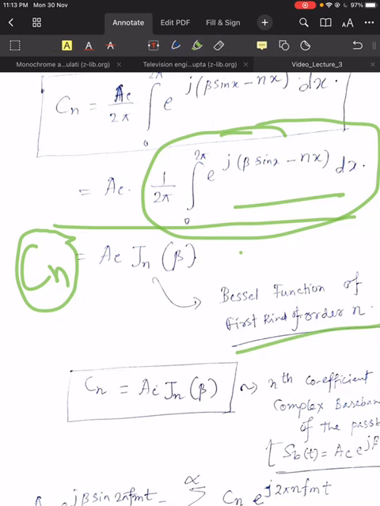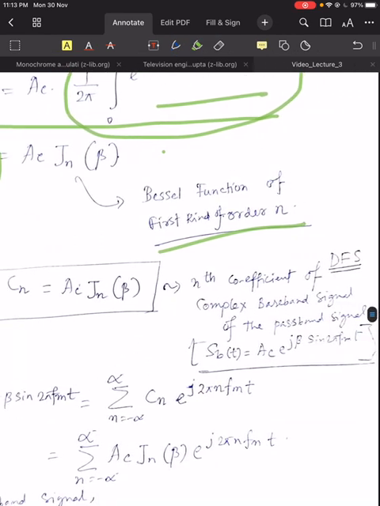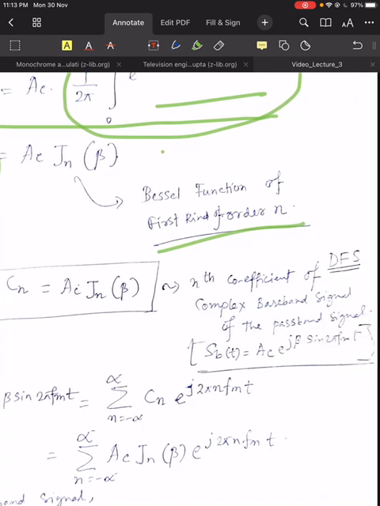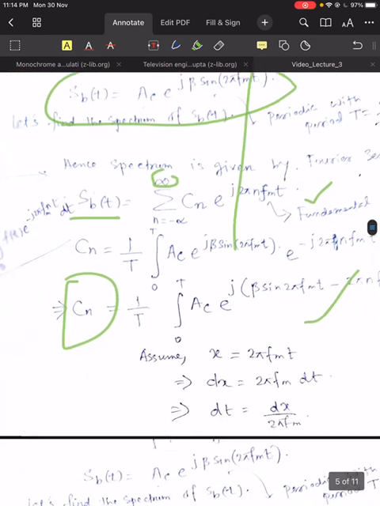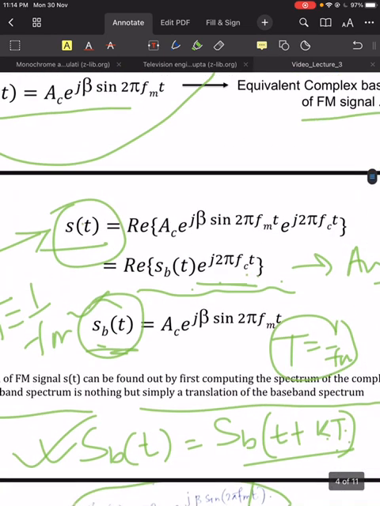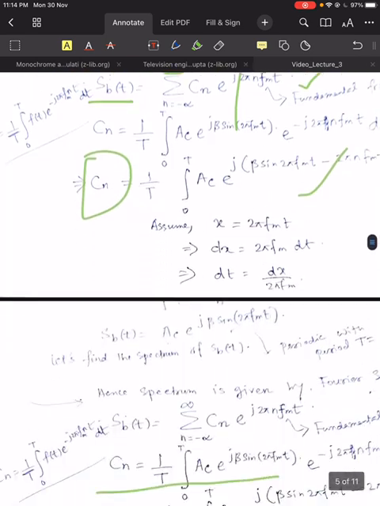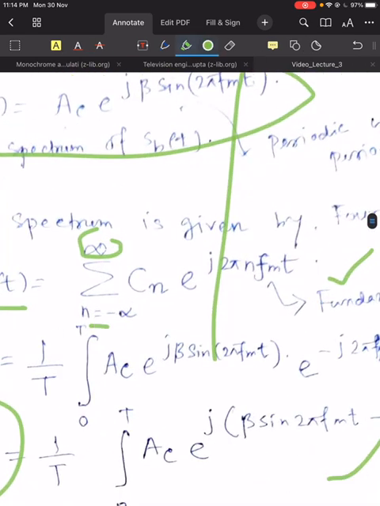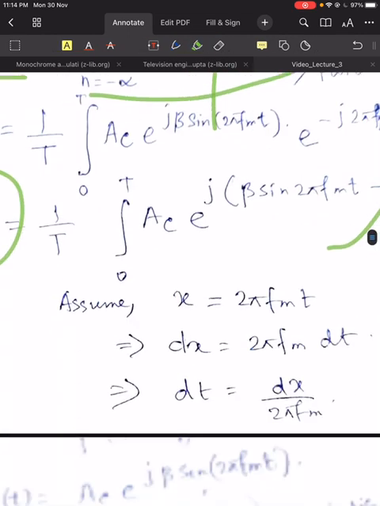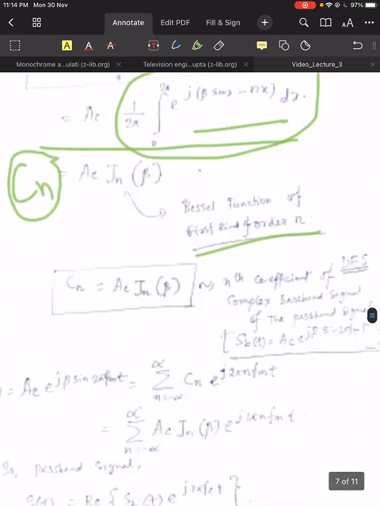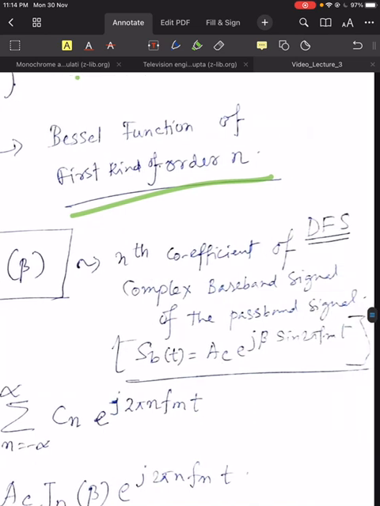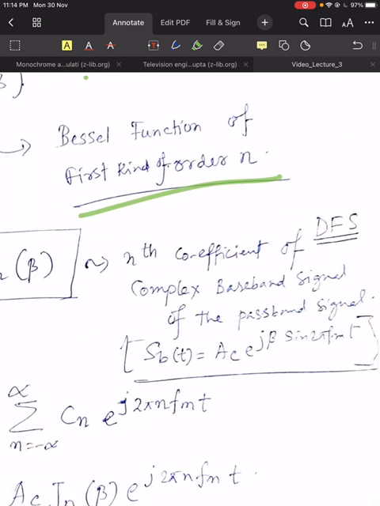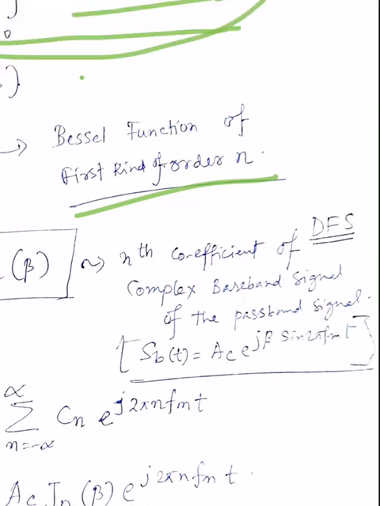C_n is the nth coefficient of the discrete Fourier series of s_b(t), the complex baseband signal of the passband signal s(t). We can compute the value of C_n by the properties of Fourier series.